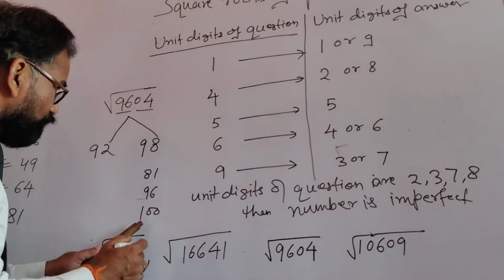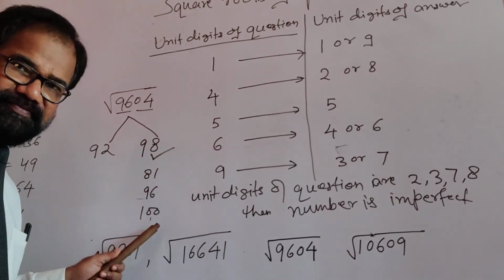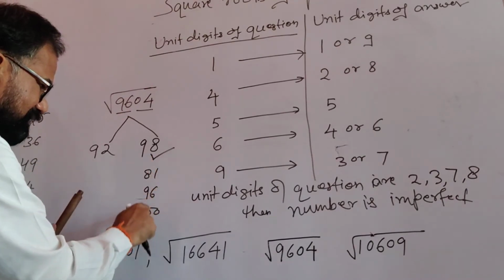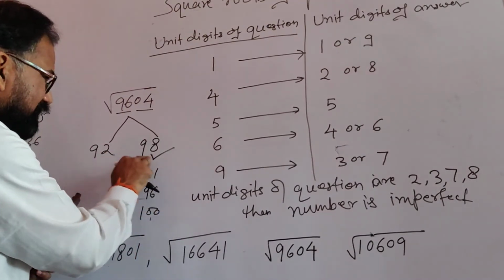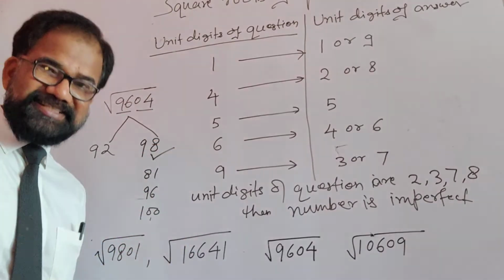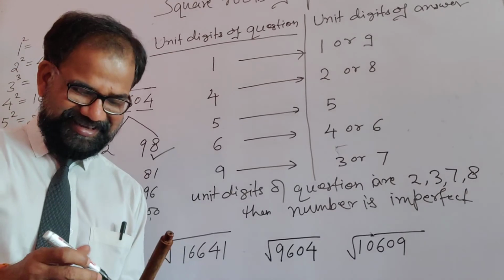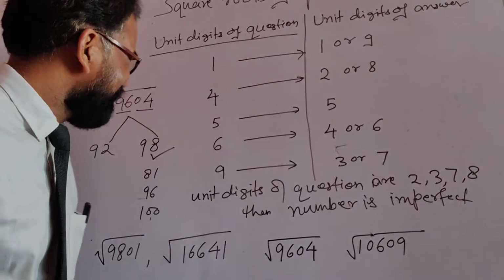So the bigger one, that is 98, will be your answer. So 92, 98, which one is bigger? 98. 98 will be your answer. Right? I hope all of you are getting it.